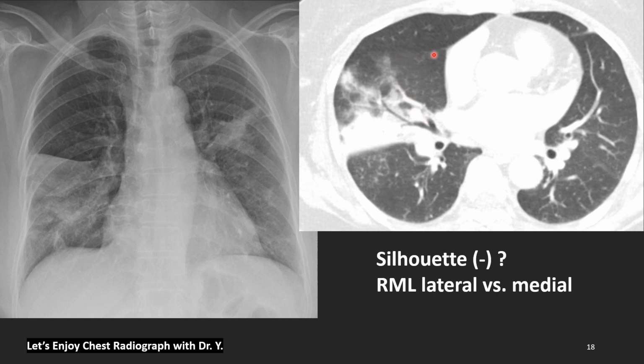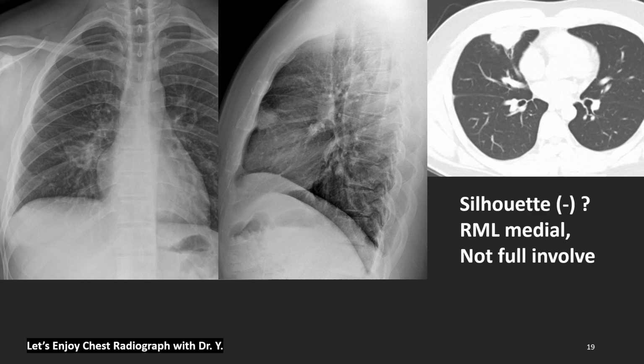The medial segment is in contact with the heart, and the lateral segment is in contact with the upper portion of the minor fissure. So it is clear here, a right middle lobe lesion, but not in the medial segment, only in the lateral segment. That's interesting.